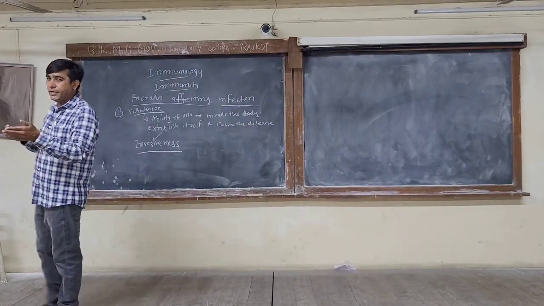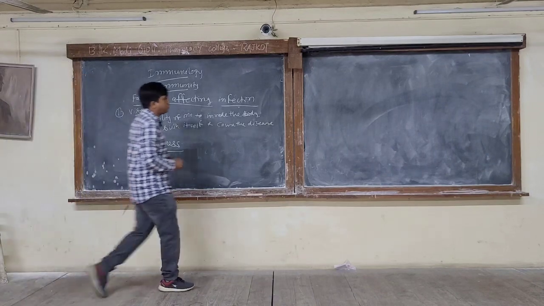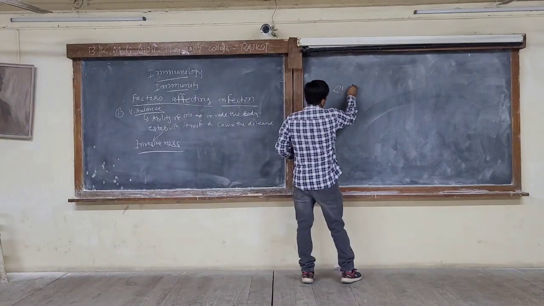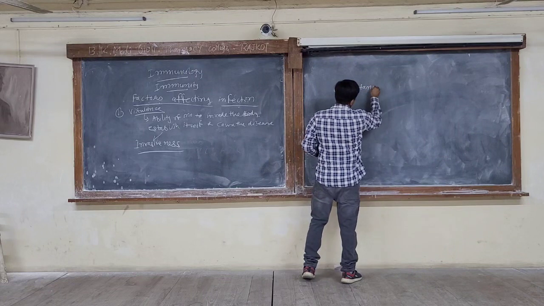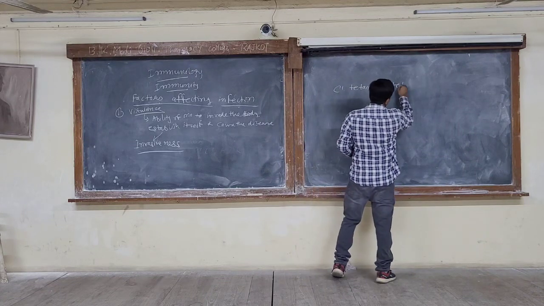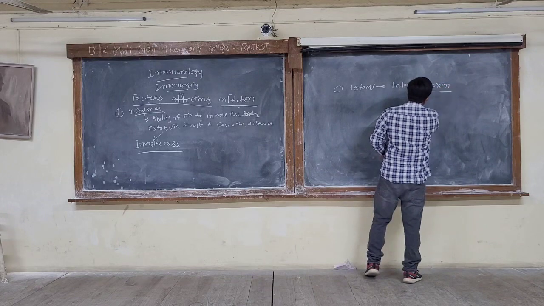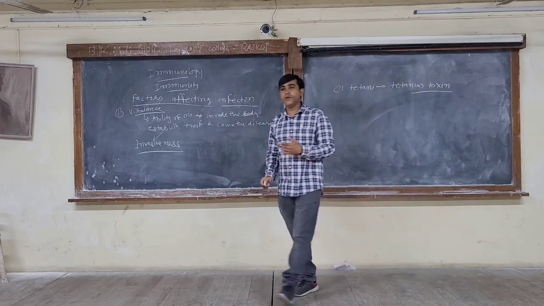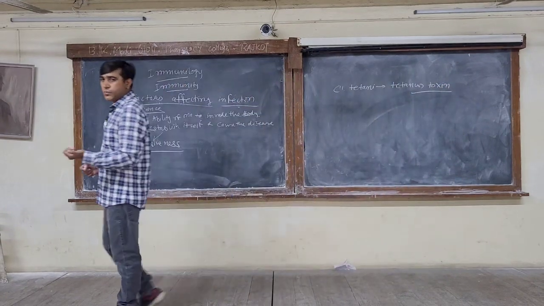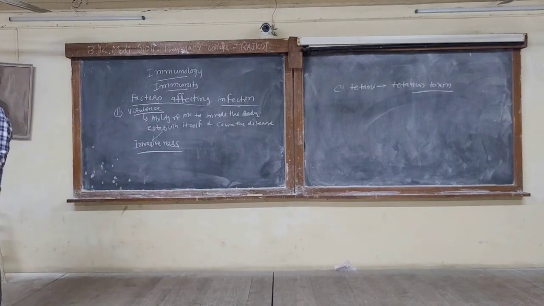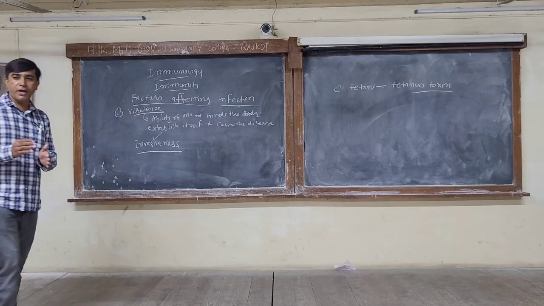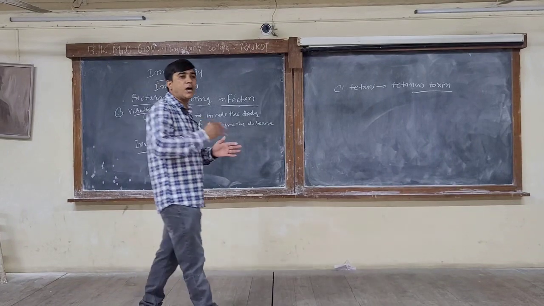Like Clostridium tetani, it produces tetanus toxin. This tetanus toxin, in Gujarati we call Dhanur. That is a neurotoxin, and it affects the body, and thereby it causes the harmful effect.